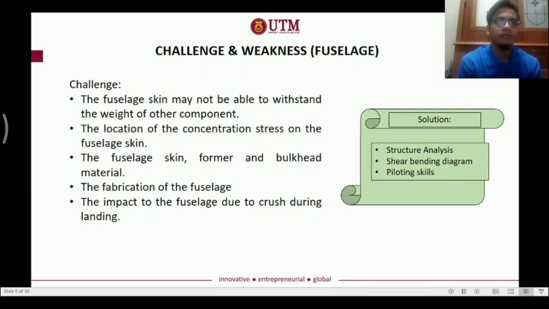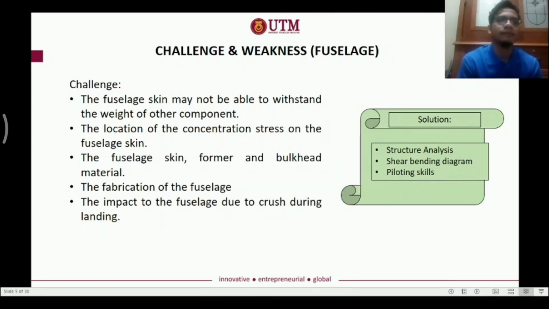And the fuselage skin, former and bulkhead can also be affected if the material is not suitable for each of their functions. Next, fabrication of the fuselage is quite difficult because in the design we can see that the fuselage is quite curved, so fabricating the curved part requires a more skilled hand.